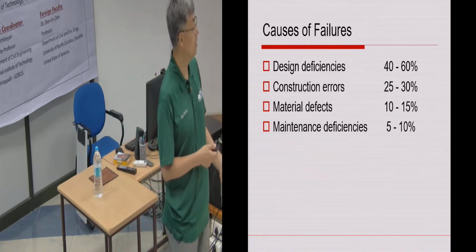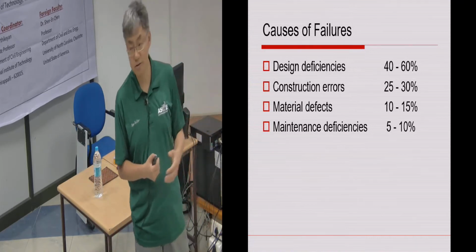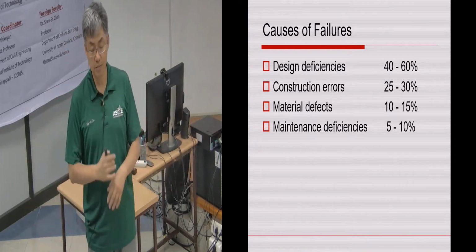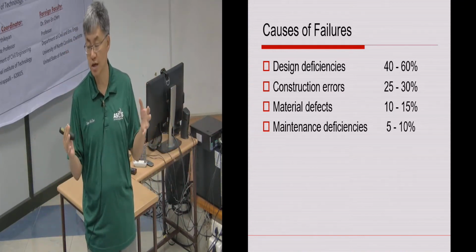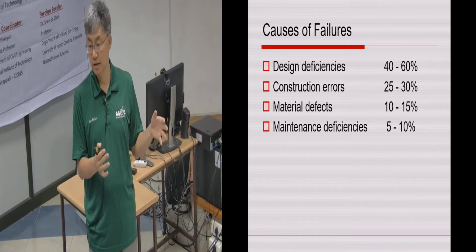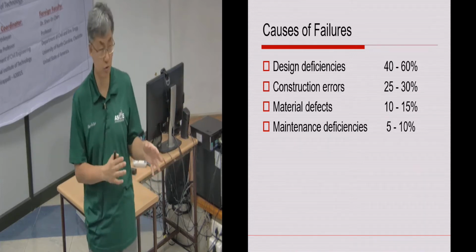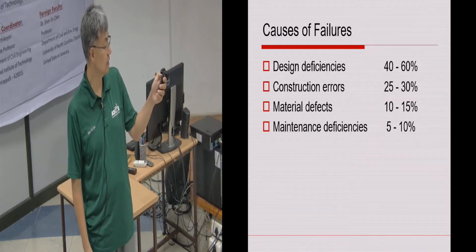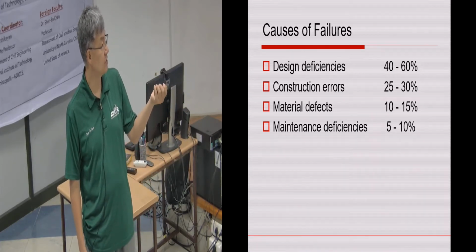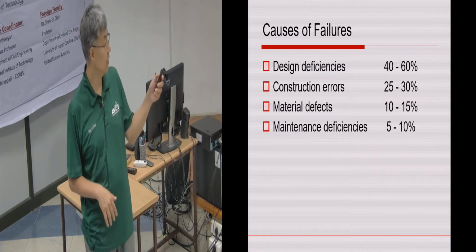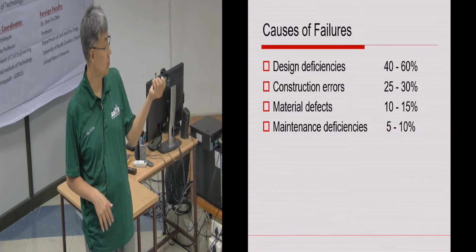And here is a breakdown of the causes of failures. In every nation, there is a data bank on all the failures and accidents related to construction. You can see that design deficiency is the most dominant cause of failures.